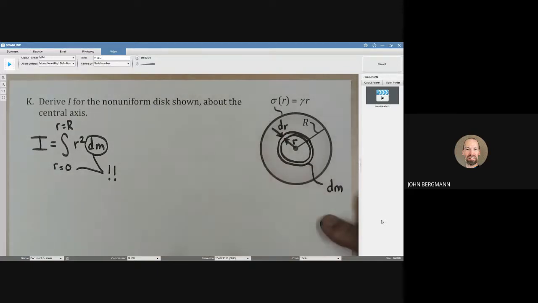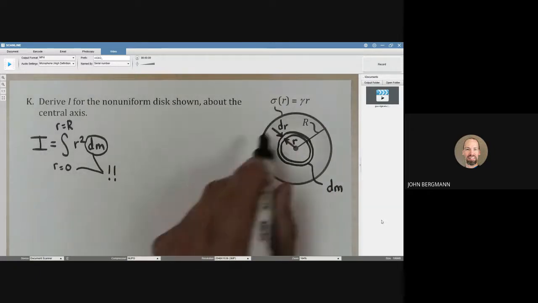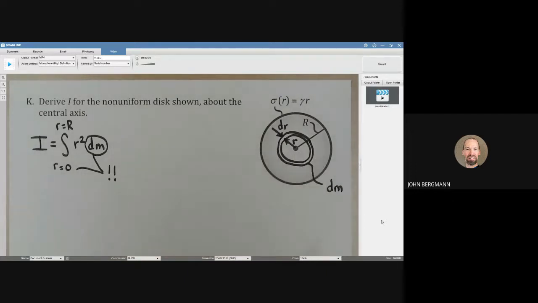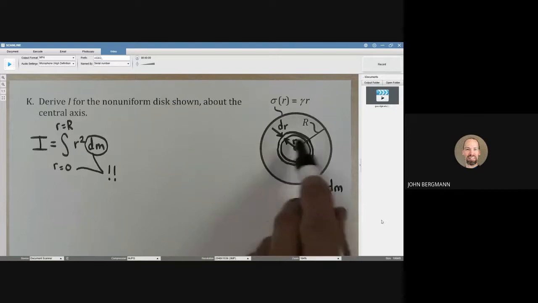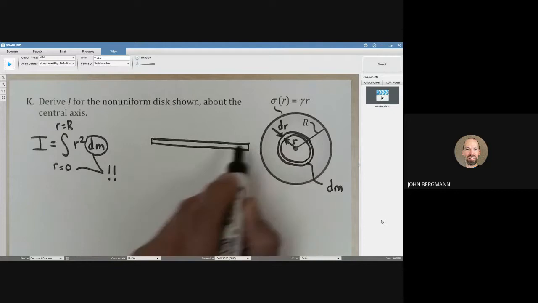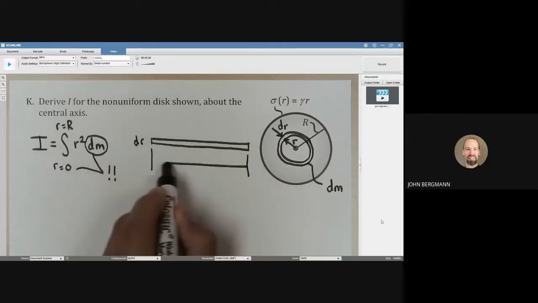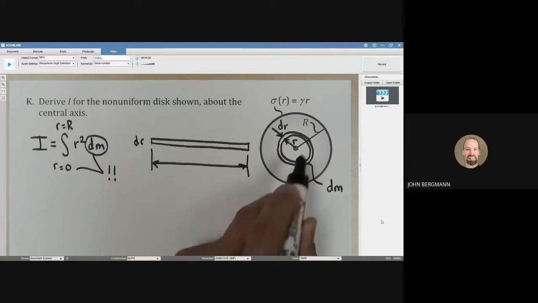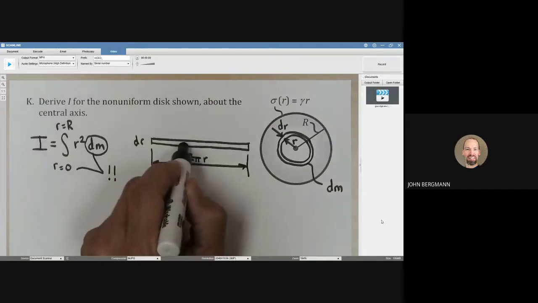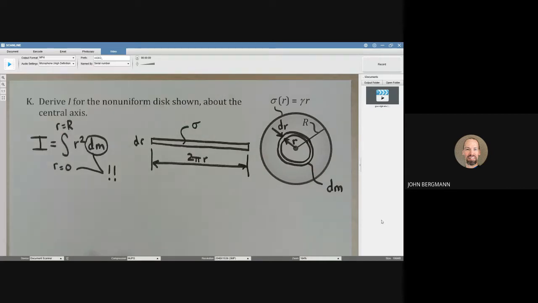That's dm right there. This surface mass density is gamma times r, and we said in an earlier video when we had a case like this, mentally what we do is we take this thin ring out and we stretch it out so that it has a height dr and its length is equal to the circumference of that, which is 2 pi times little r, and then that bit has a mass surface density of sigma.